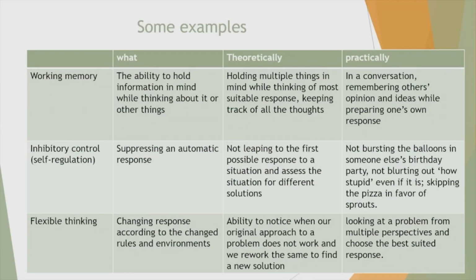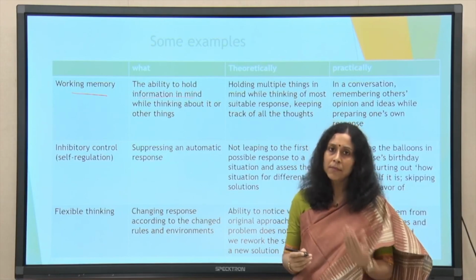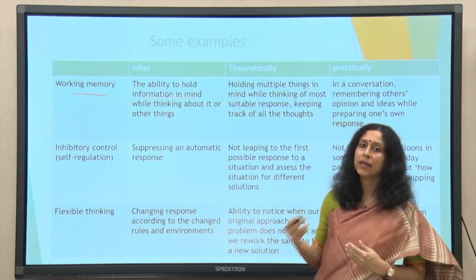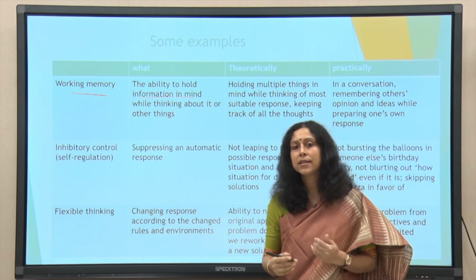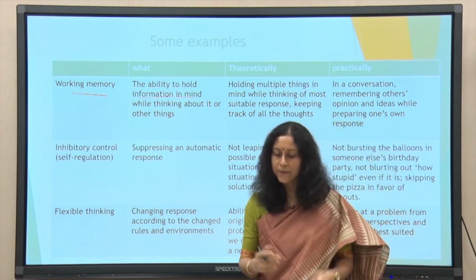We have said a lot of things, but how does it really work? So, in terms of working memory, what are we looking at? This is the ability to hold information in mind while thinking about it, or doing something about it, or thinking about something else. So, it is juggling many things at the same time while keeping all the information intact.